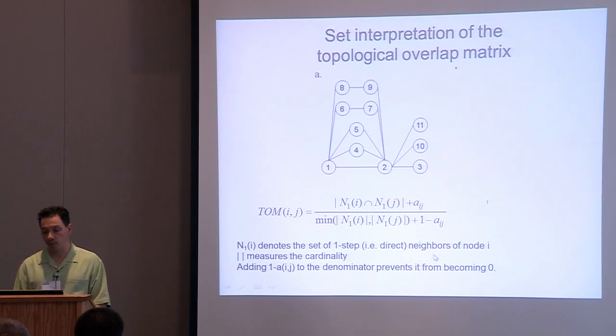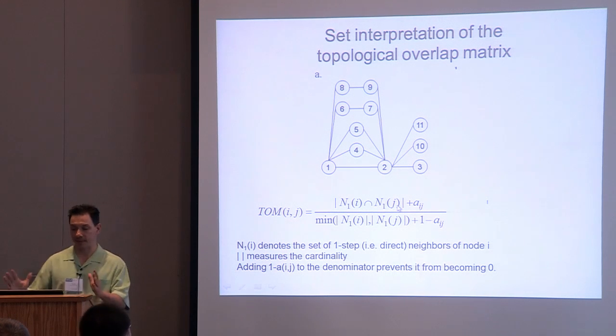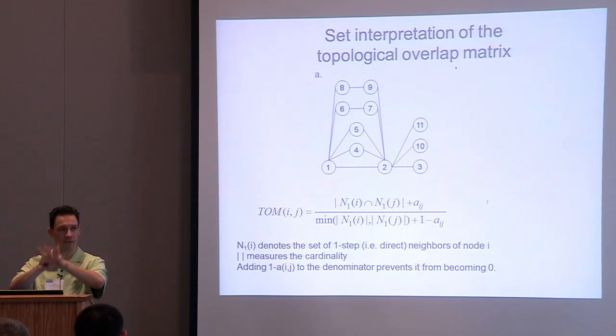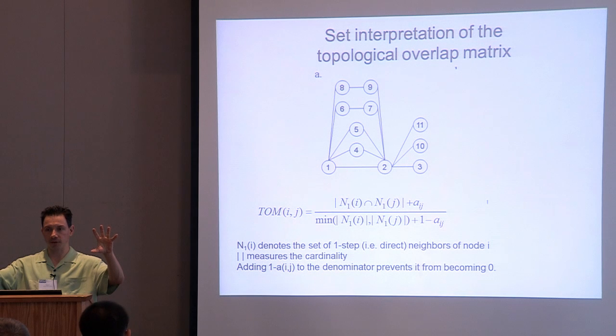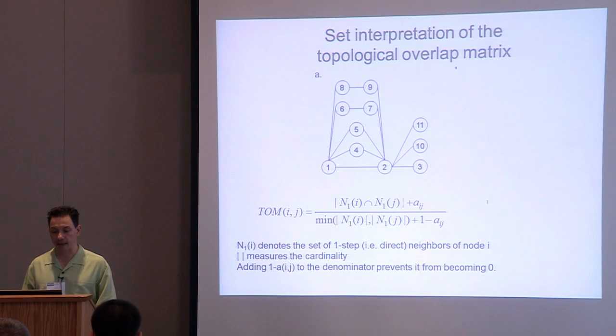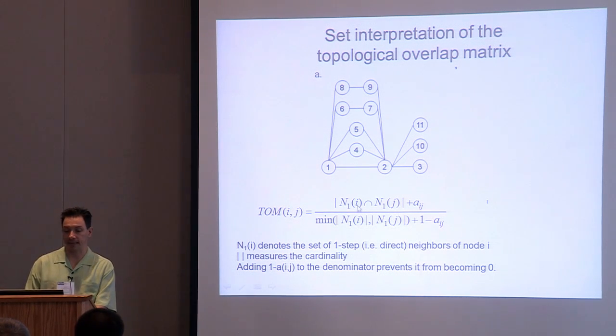And so the topologic overlap measure can be interpreted as the size of the intersection of the two neighborhoods of two genes, right? You have the neighborhoods of two genes, you overlay them, and you ask how many genes are shared in common, and you ask the cardinality. And so in this sense, it has a nice set theoretic interpretation.